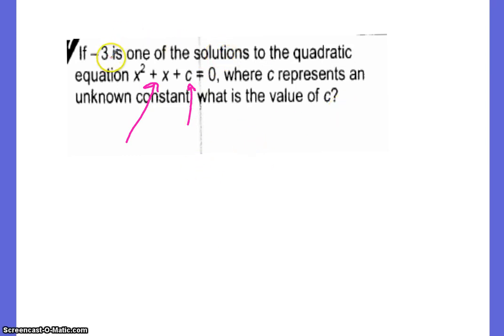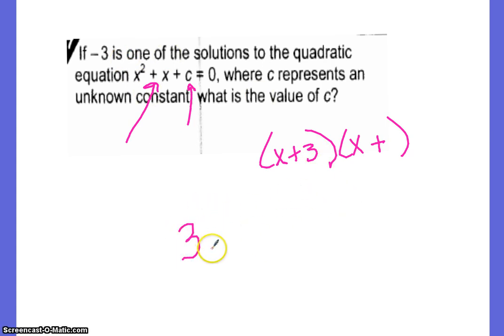So if my solution is negative 3, then my factor is 3. So it's got to be x plus 3, and then x plus something else. But it's got to equal 1. So what can you combine with 3 to get equal 1?